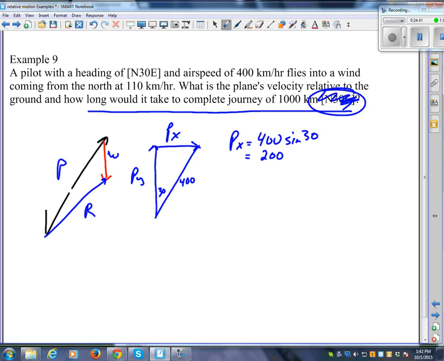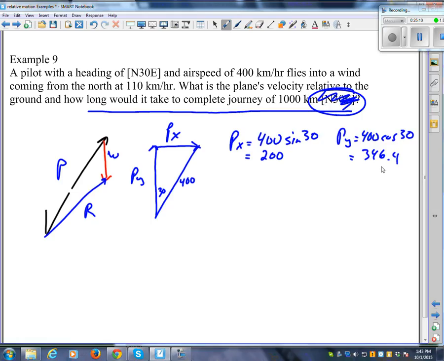Py then is going to be 400 cos 30, 346. Will these two numbers ever add up numerically to this number? Like, will it ever be like 200 and 100? And they shouldn't be. Okay.